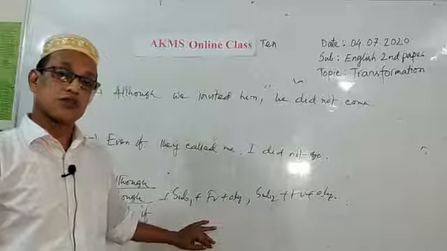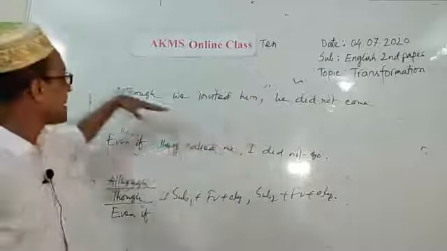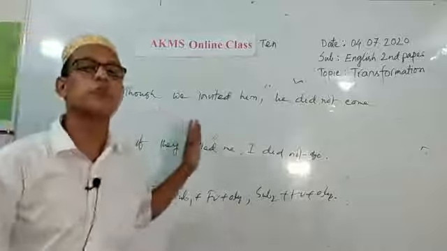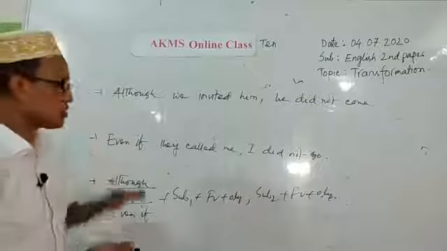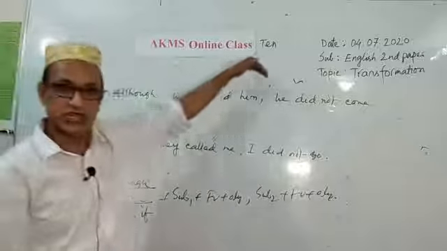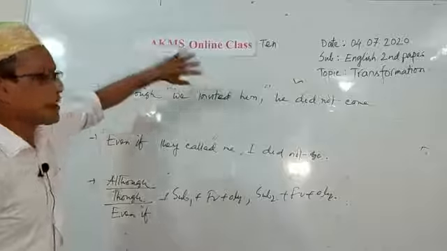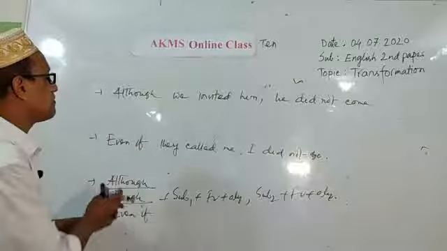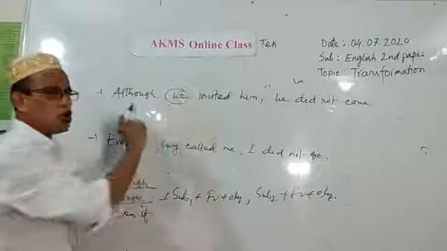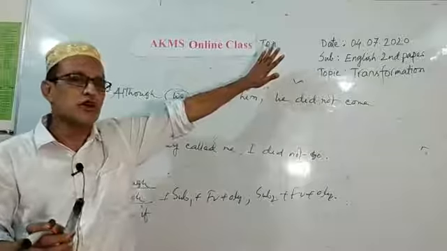Whenever you are asked to transform this though, although or even if sentence into simple, then you have to see that the two subjects are different, and everything else is like the previous sentences. I am not able to erase any subject from here.